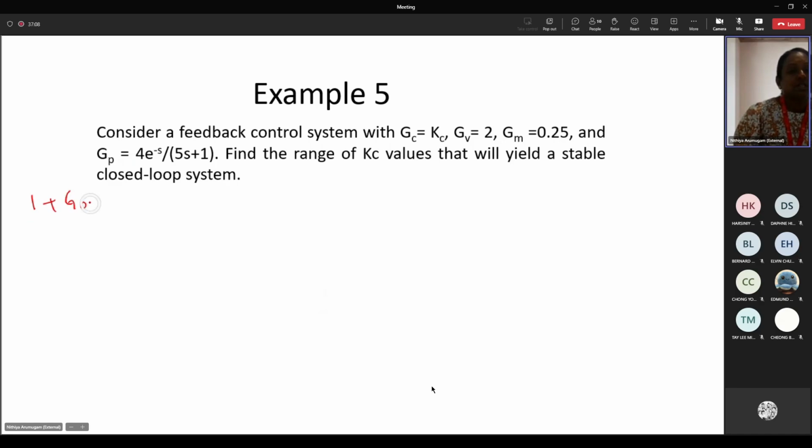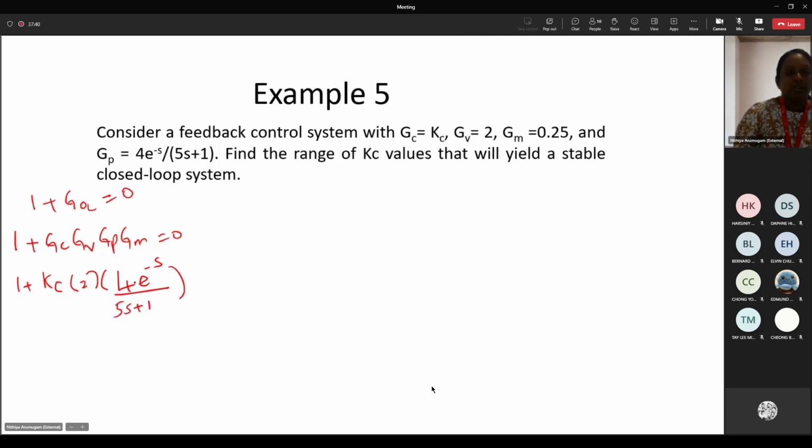1 plus GOL equals to 0. So we have GC, GV, GP, and GM equals to 0. When you replace everything, GV is 2, GP is 4 e to the power of negative s over 5s plus 1, and GM here is 0.25, equals to 0.